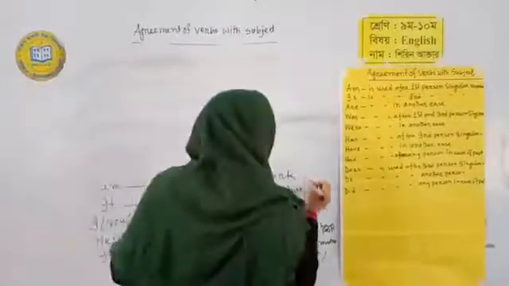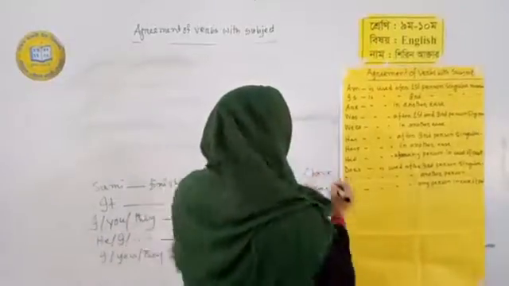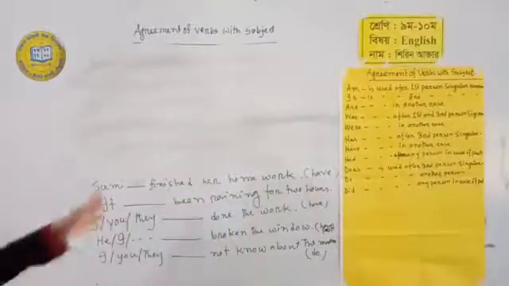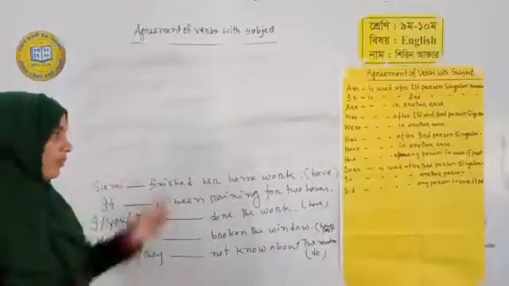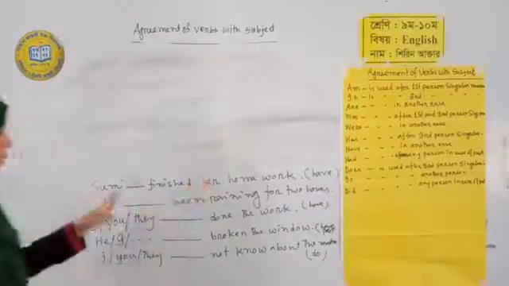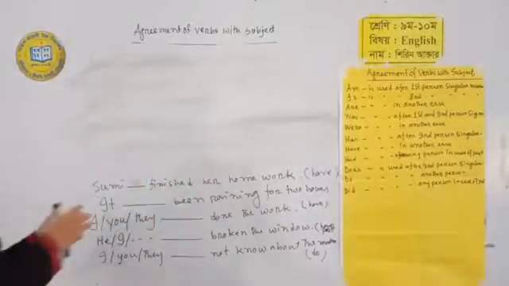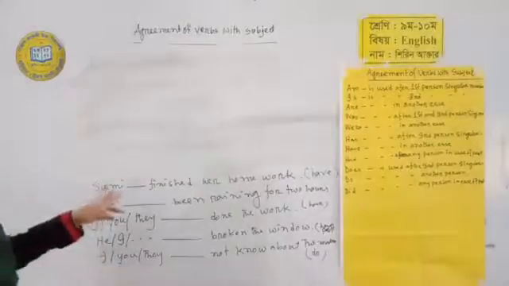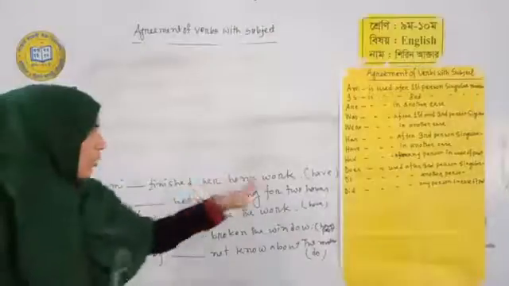Here if we use have verb, to have verb-এর যদি present form আমরা ব্যবহার করি, if we use the present form of have verb, what form will be used here? এখানে তাহলে কোন ফর্ম ব্যবহৃত হবে ডিয়ার লার্নার্স, যে here Shumi has finished her homework.